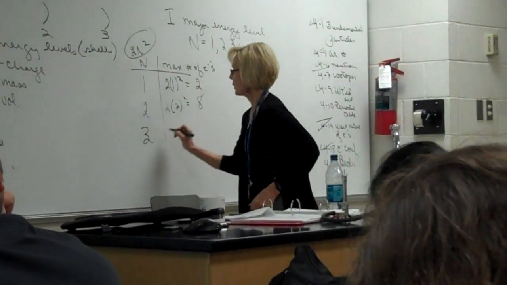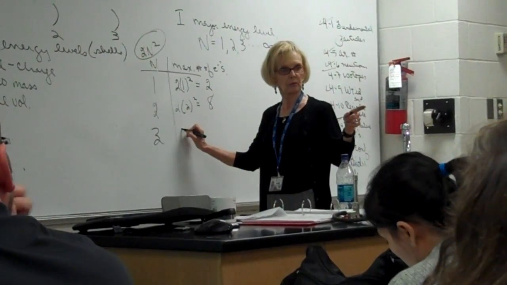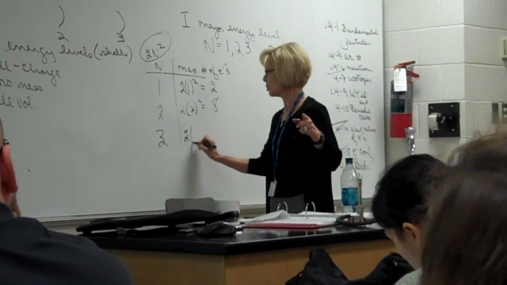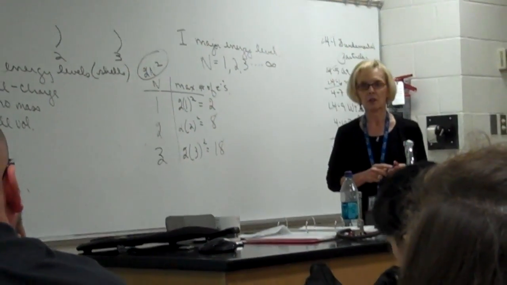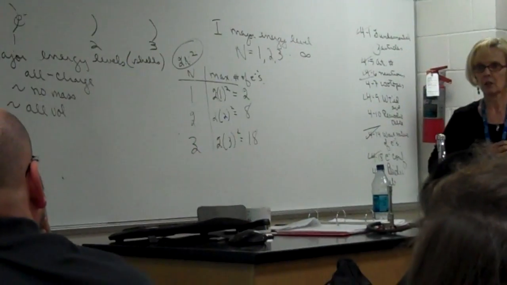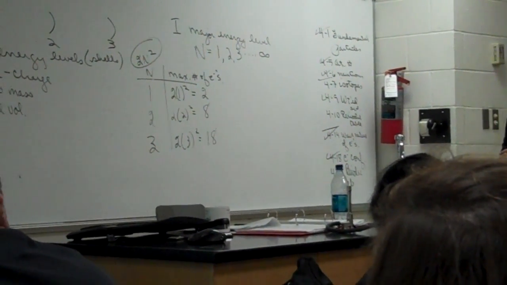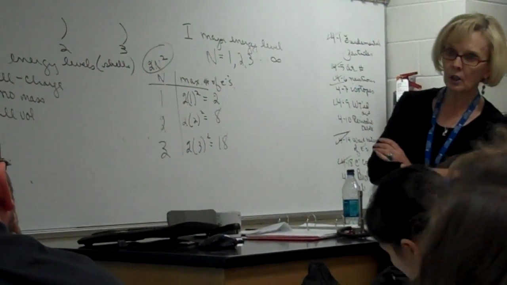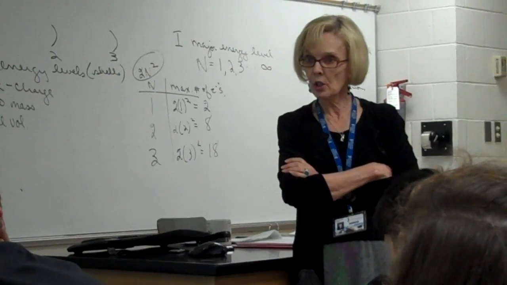So let's go to the third. I'm on the third major level. How many? 18, because 2 times 3 squared, 18. When you're working with these, what level do you normally go to? It depends how many electrons you have. If I have 1 electron, like hydrogen does when it's neutral, it's going into the first major energy level.